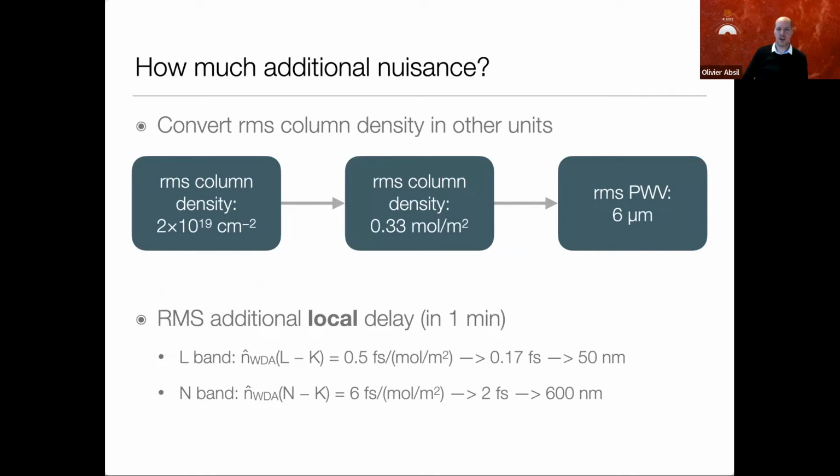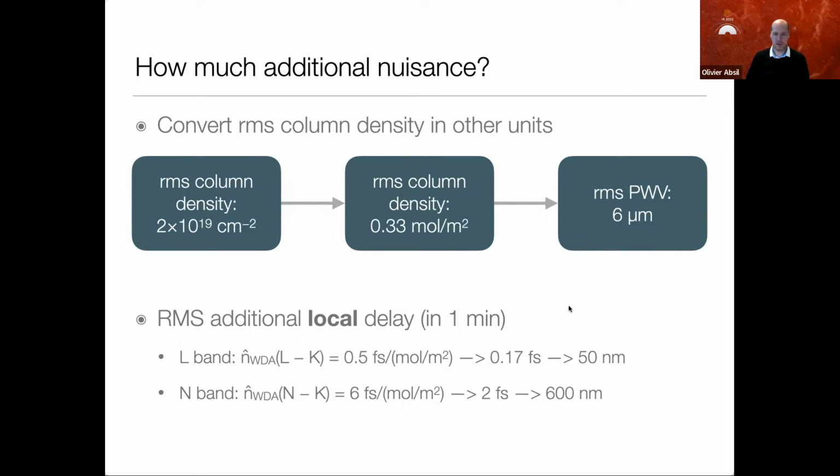So how much additional nuisance do we get from that? First, let's try to convert these units into something that is more understandable. These condensity fluctuations actually correspond to a little less than 1 mole per square meter of condensity, which can be translated into a variation of about 6 micrometers of PWV. That's typically 1/1000th of the amount of PWV you get along the column.